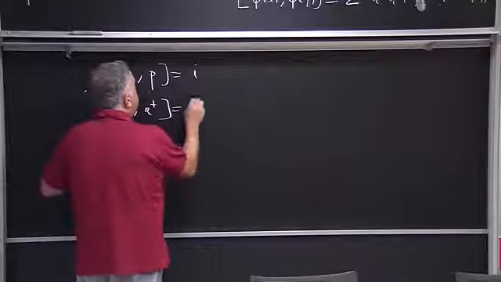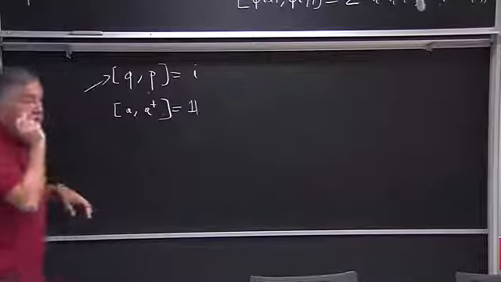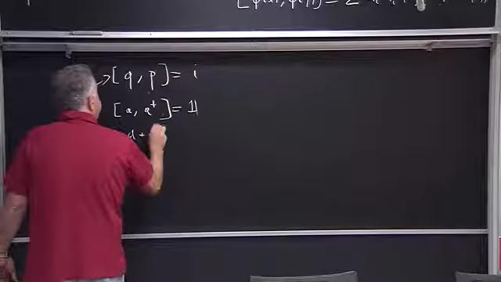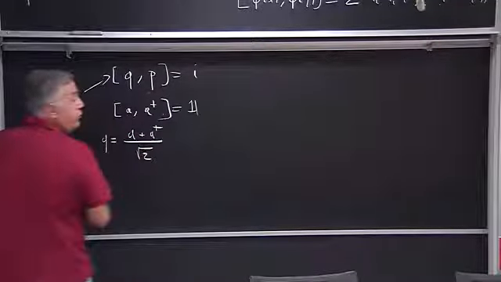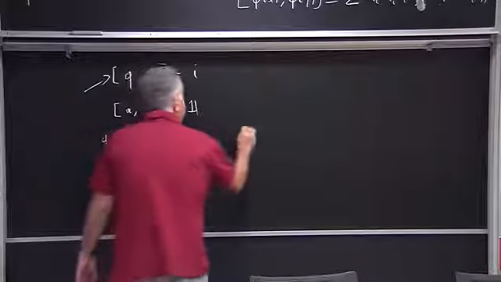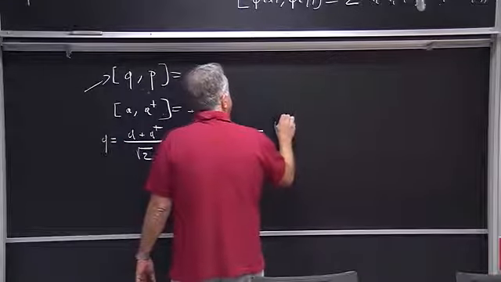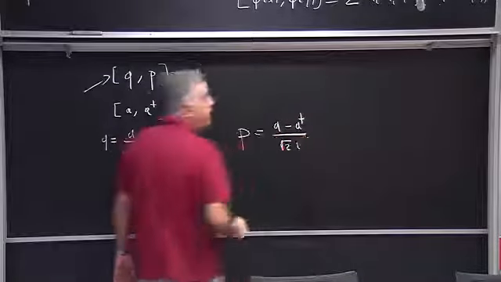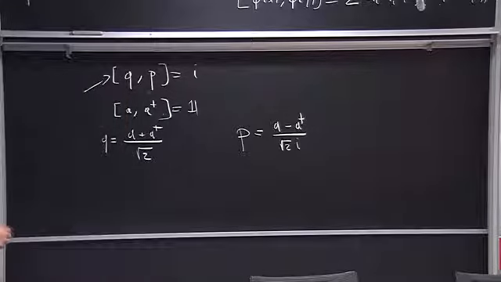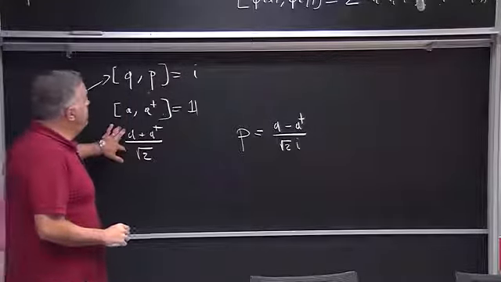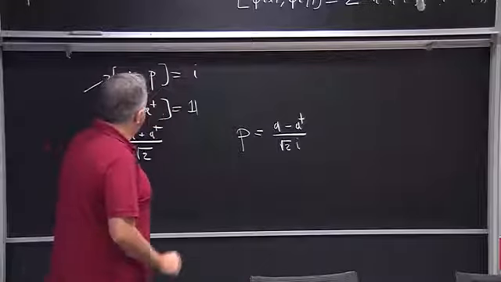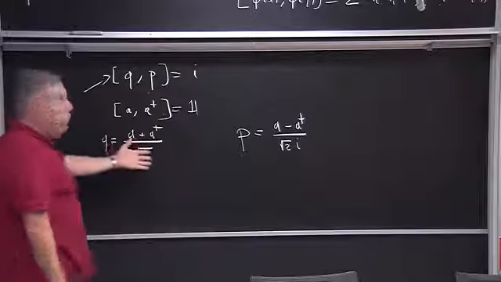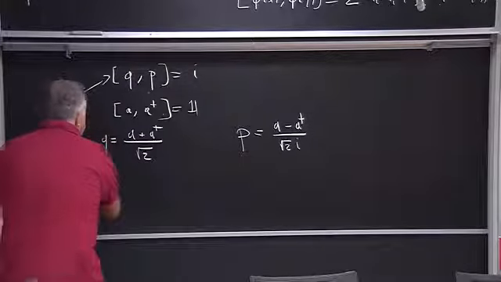And you may think that this is equivalent to this. Indeed, you are going to write Q as a plus a dagger over square root of 2, and p as a minus a dagger over square root of 2i. You can check that if you make this definition with this commutation relation, you have realized this thing. But now you can deform these things this way.